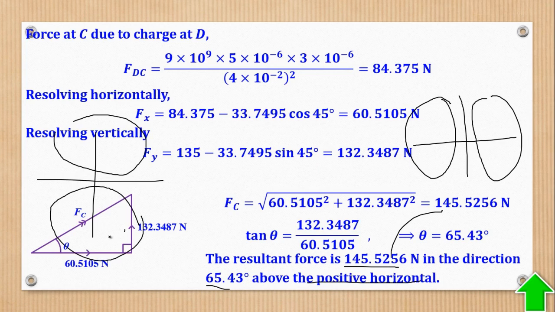So if you look at this angle, it is in this quadrant. In quadrant one, it is on the positive side of the x, and also it is above the horizontal. That is why we say above the positive horizontal.